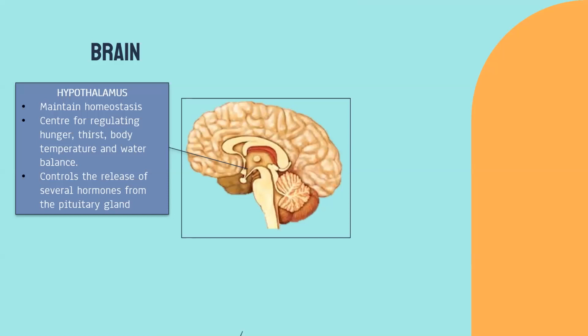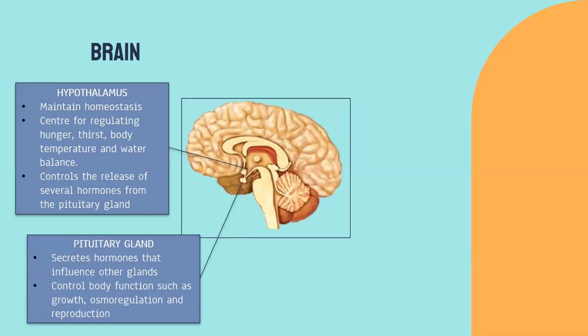The next part in our brain is the pituitary gland. Can you see there? Small, tiny, down from the hypothalamus. The function of the pituitary gland is to secrete hormones and control body functions such as growth, osmoregulation, and also reproduction. Why?